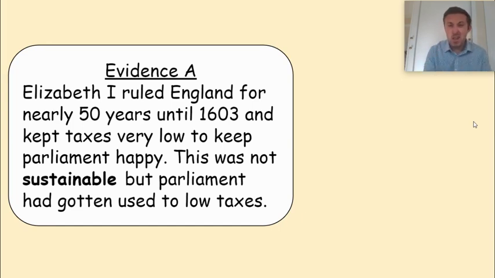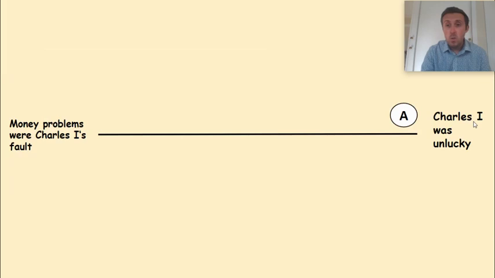So, do we think this is completely Charles I's fault, or was Charles I unlucky? Well, in this situation, I think Charles I was completely unlucky here. He wasn't the one responsible for keeping taxes low during that whole time. So I've put A on the far right of my scale, because I think Charles I was completely unlucky there.